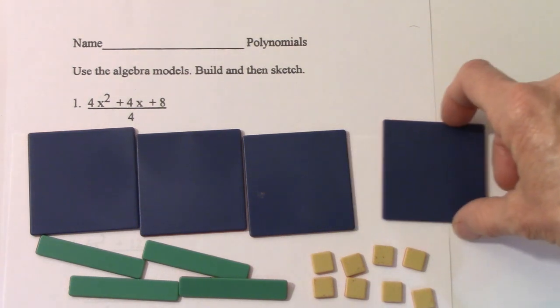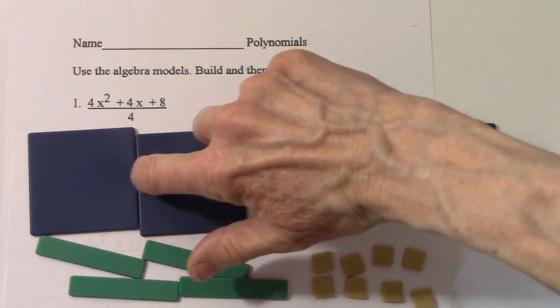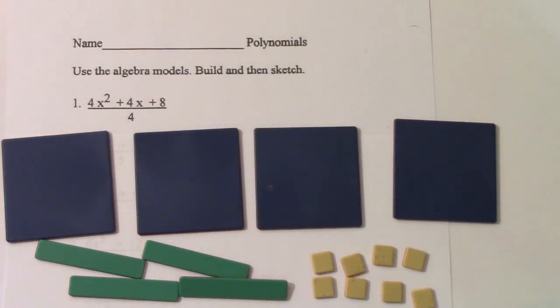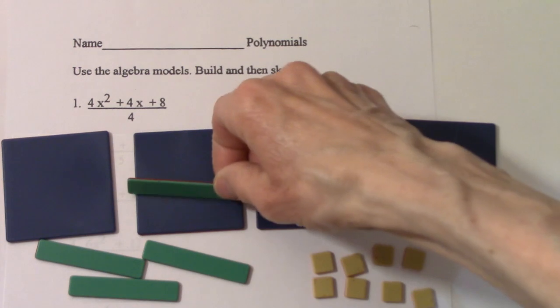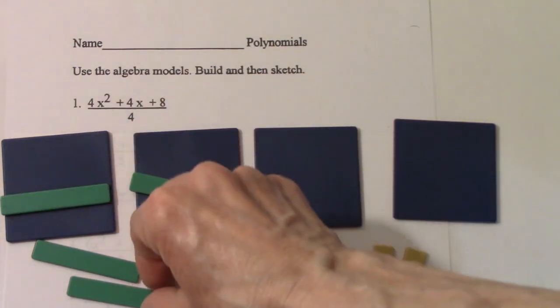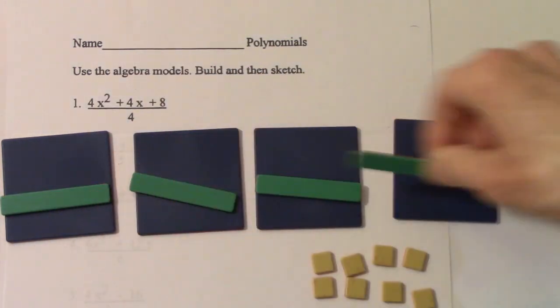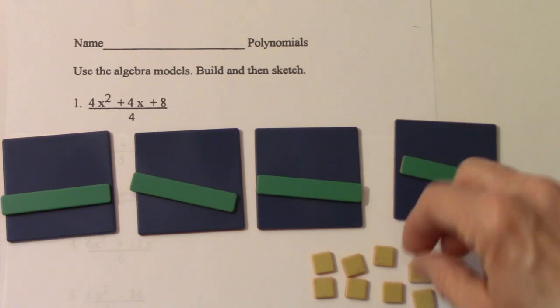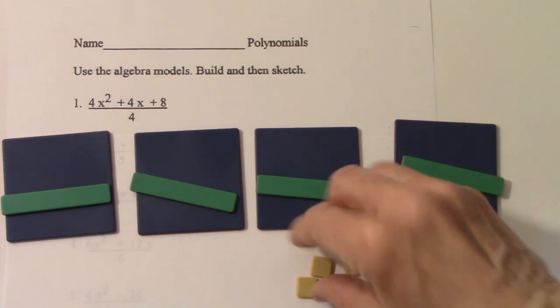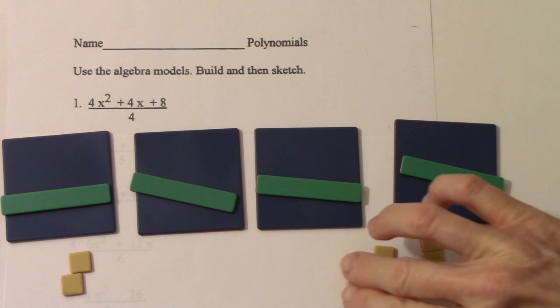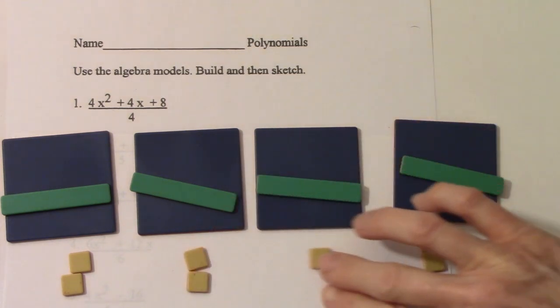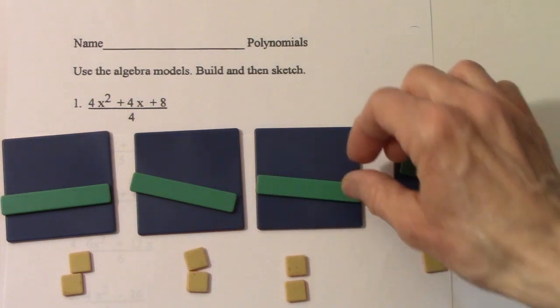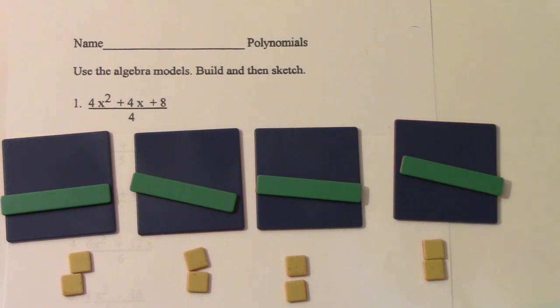So I can put 1x squared in each group. I'm going to put an x on top of each, just for space-wise, and then I can get 2 ones by themselves.